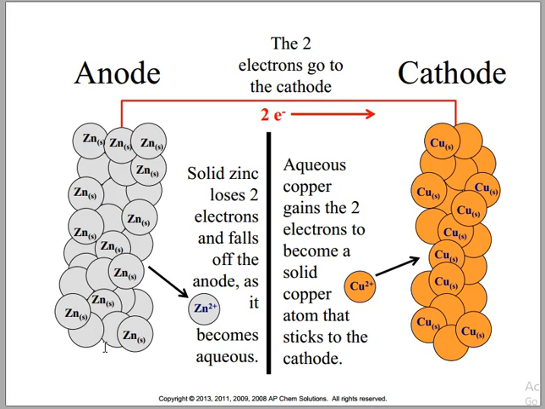All right, as the reaction proceeds, I already mentioned the mass of the anode decreases, mass of the cathode increases. Okay, so solid zinc loses 2 electrons, falls off the anode as it becomes aqueous. And the opposite happens at the cathode.